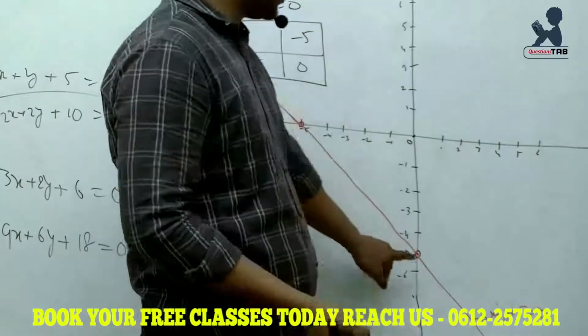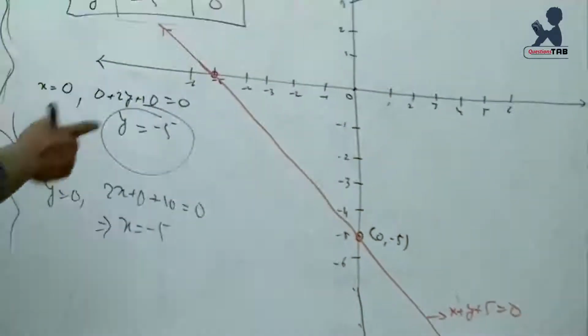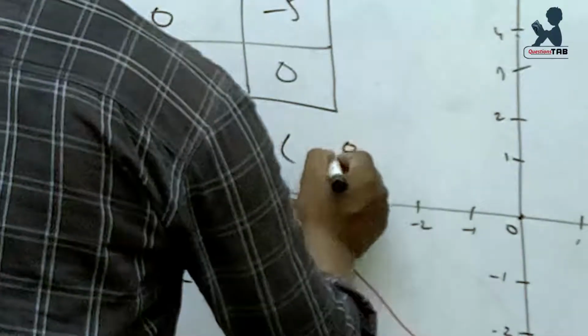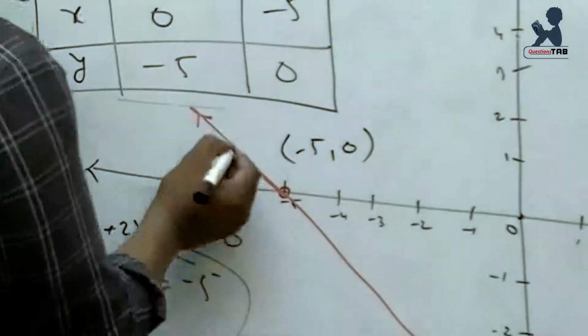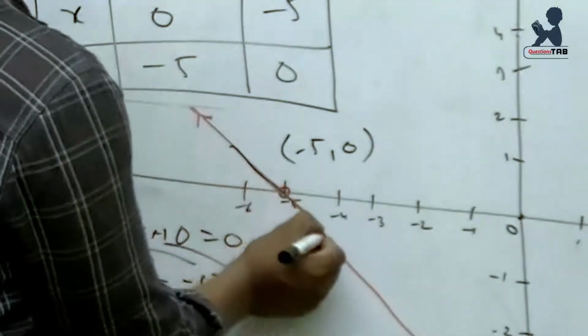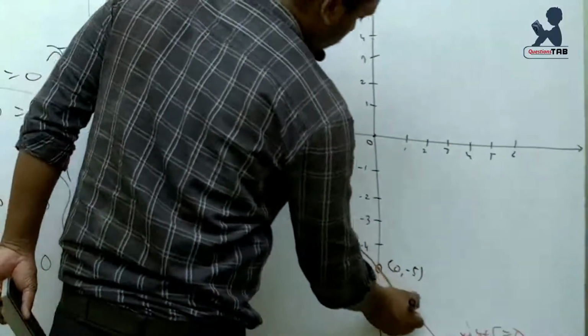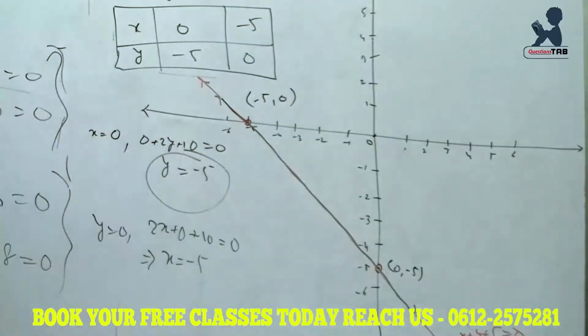For x equals 0, we got minus 5 for y, and for y equals 0, we got minus 5 for x. When we draw the line for these points, we get the same line.